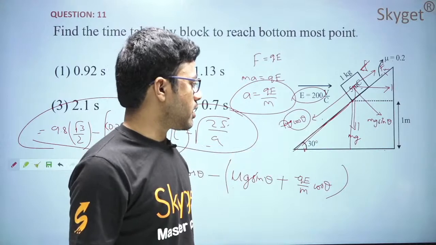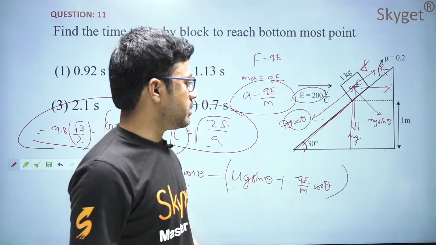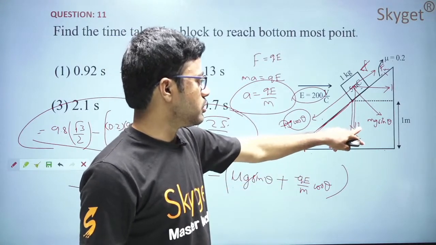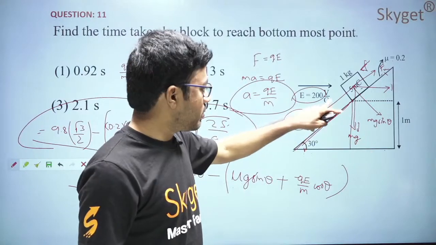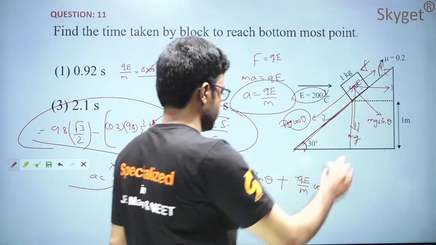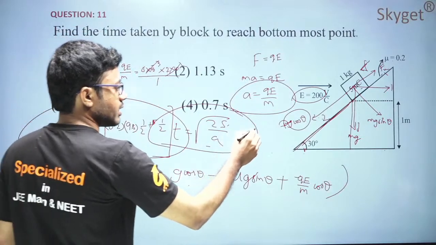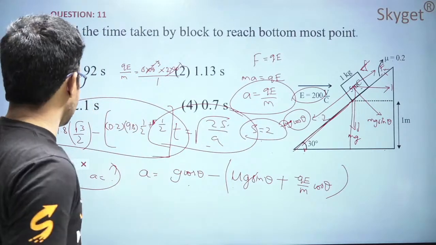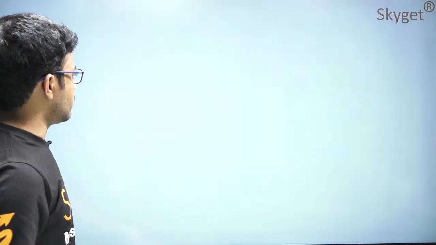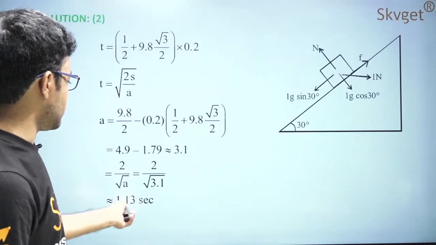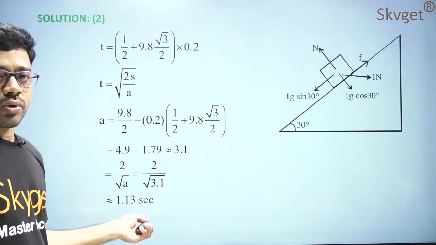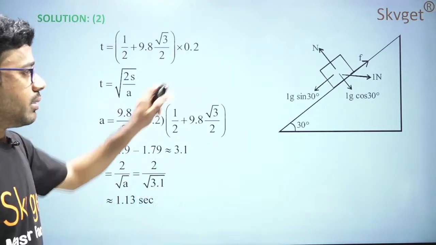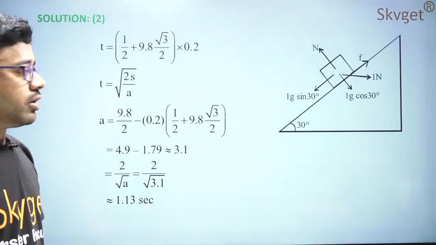To find the hypotenuse, use sin 30 degrees, which is 1 by 2, opposite side by hypotenuse, so the hypotenuse is 2. So s is 2. Now you have the values of s and a, and you can directly substitute, where you will get almost 1.13 seconds as the time taken for the block to slide down.